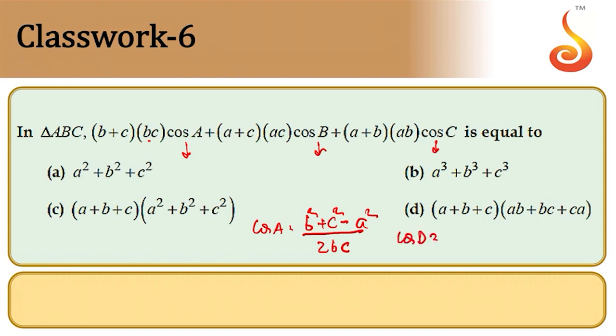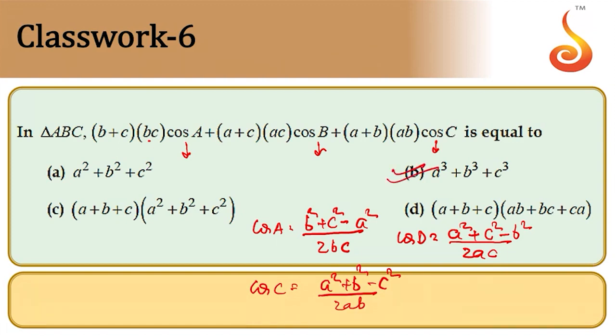Similarly, we substitute the value of cos B, A square plus C square minus B square by 2AC. Similarly, cos C is equal to A square plus B square minus C square by 2AB. By substituting, we get our required value as A cube plus B cube plus C cube. That option B will come.